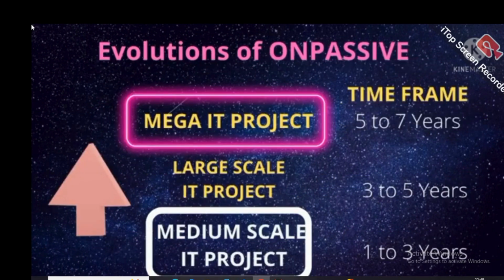My dear friend, so ONPASSIVE has gone from a concept to total evolution. It was a medium scale IT project which can be completed in 1 to 3 years, then a large scale IT project, and now it is a mega IT project with more complexities, catering to 200 plus countries with all government rules and regulations.